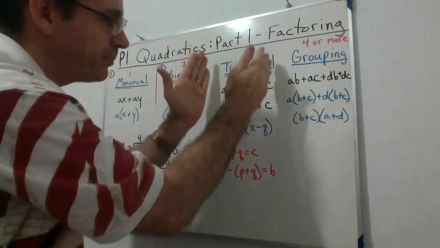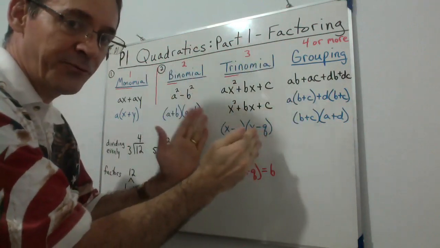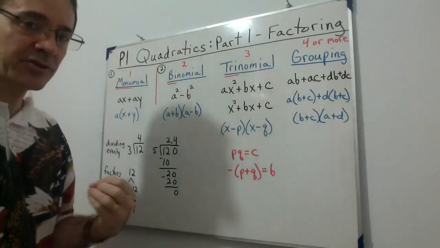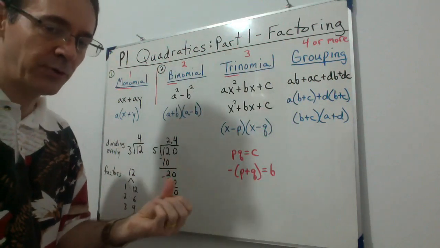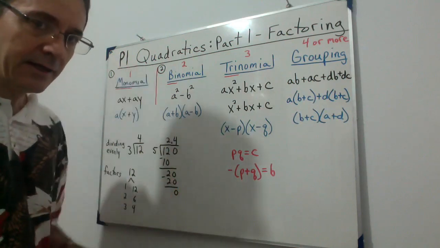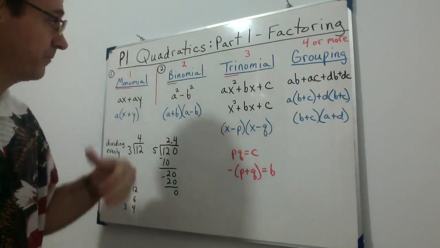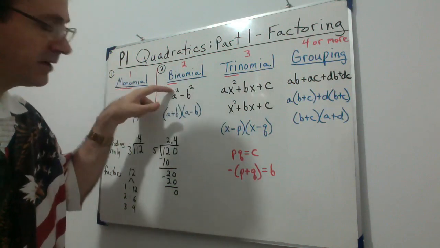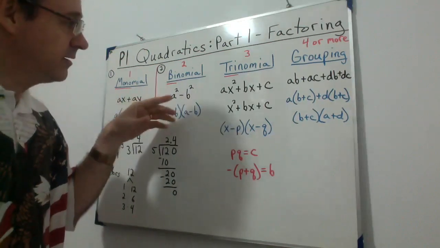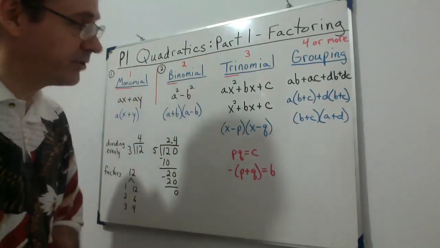But we're going to really spend the most of our focus on the trinomial factoring, which is going to be the most of what you're going to run into in our Pure 1 quadratics content. There will also be binomial because it does have quadratic as well, just not as common as the trinomial factoring.